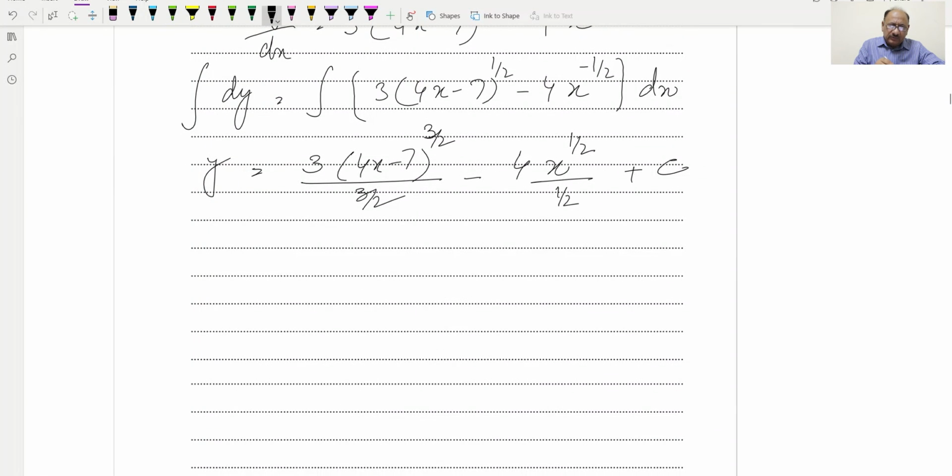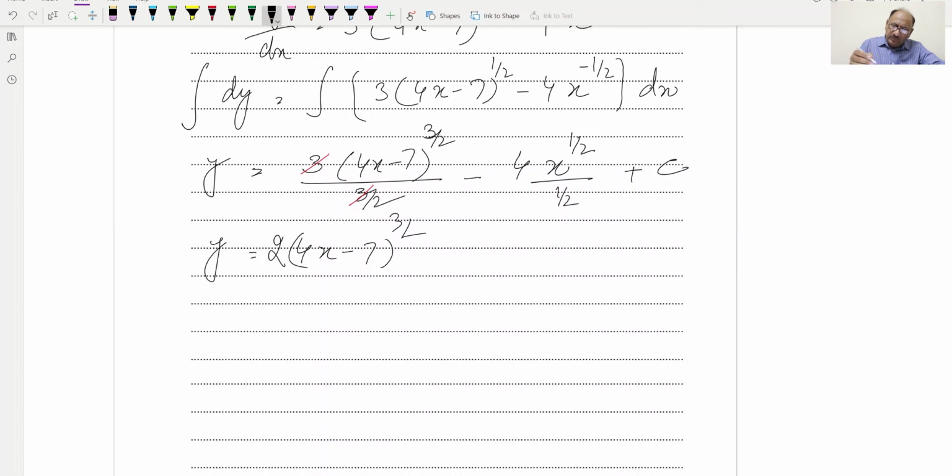Now we can simplify this. y will be equal to 3. We can cancel 3 with this 3. We can rewrite it as (4x minus 7) raised to the power 3 by 2, and the denominator fraction over fraction rule gives 2 over here.